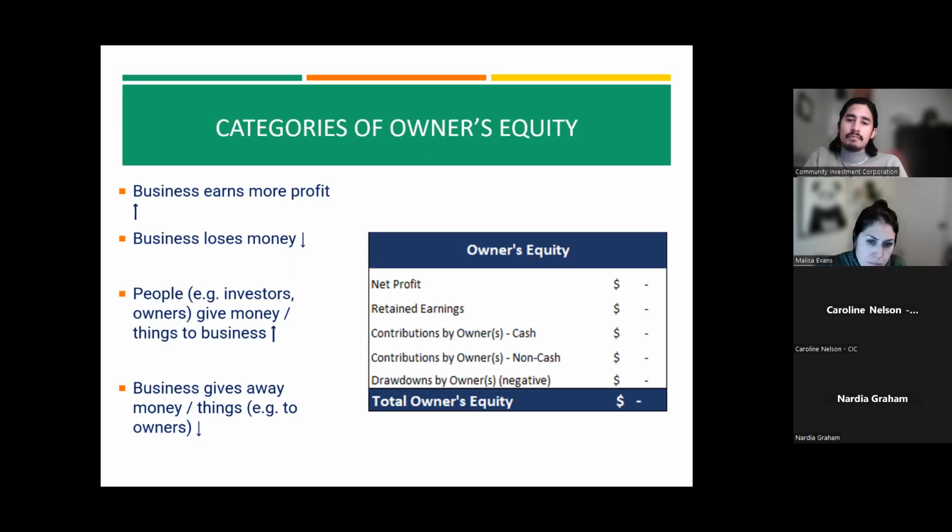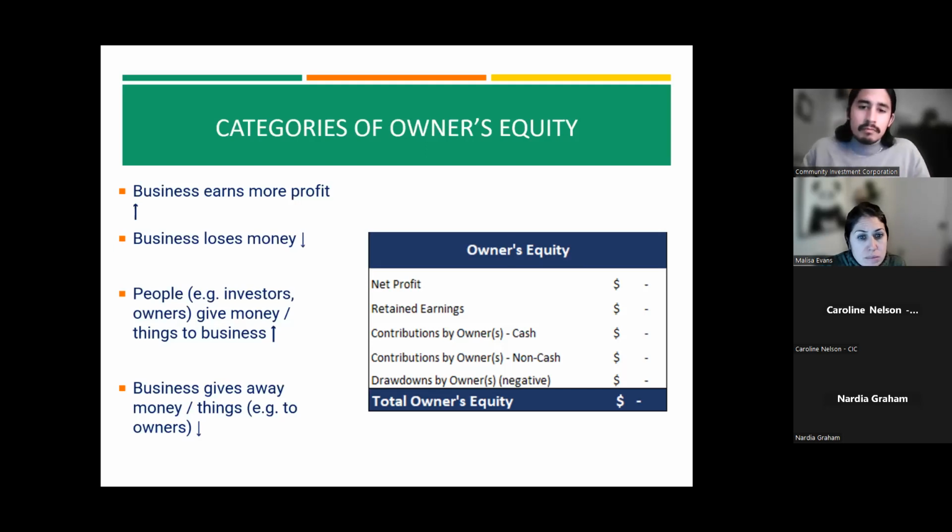An example of that would be, in the lemonade stand, if you personally bought a super duper juicer and then you want to put that in the business, you're going to record it as an asset. And then the offset is going to be the contribution by you in the non-cash section.